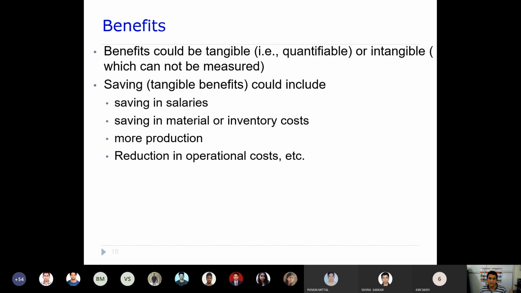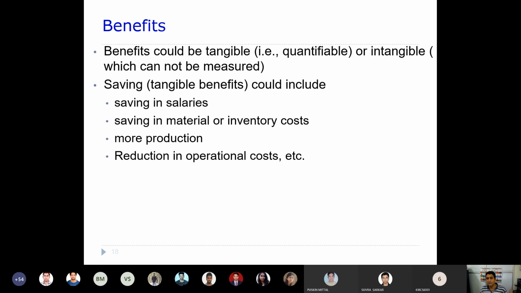We can see that benefit, and also saving in terms of inventory costs. Maybe if you're talking about inventory management, you try to see inventory costs, and if it is software applied for some industry, you can see the production has increased.